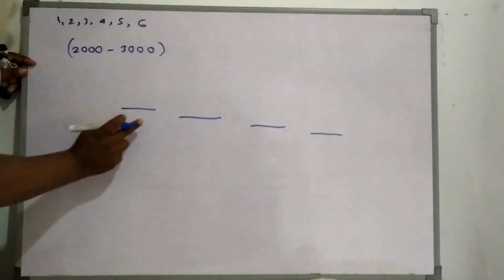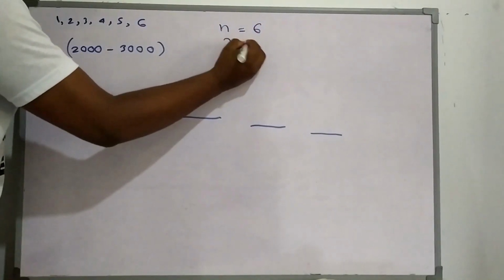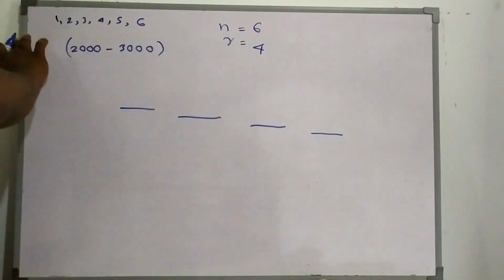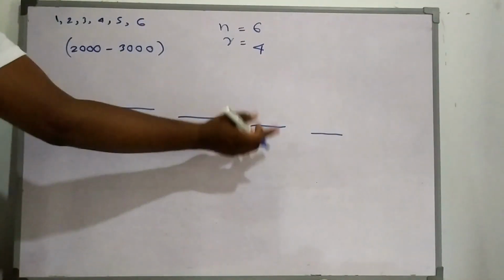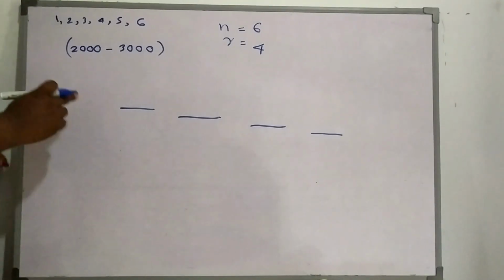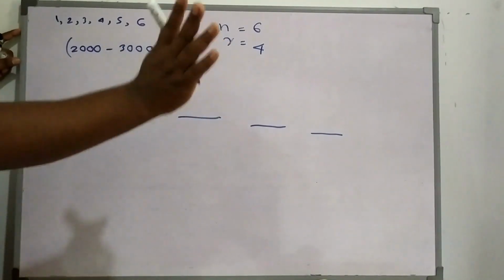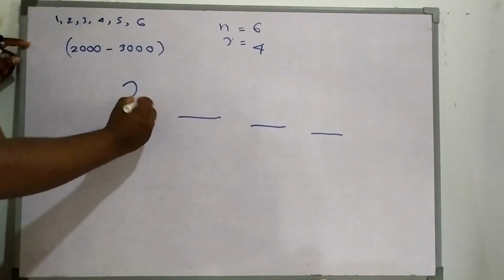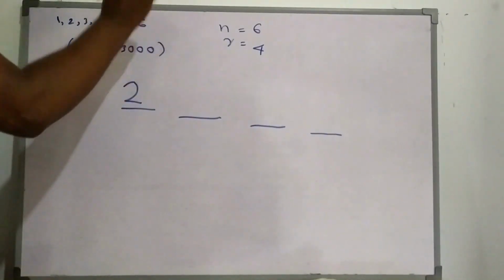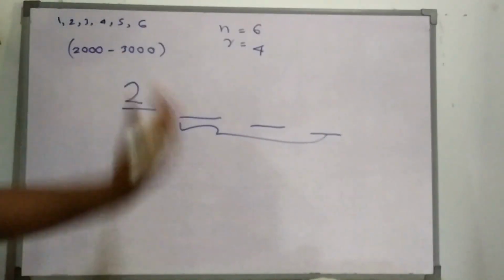So we have 4 spaces, so n is 6 and r is 4, because there are 4 spaces available. We have to arrange them in a straight line. The first element always should be 2, because otherwise it's not between 2000 and 3000.